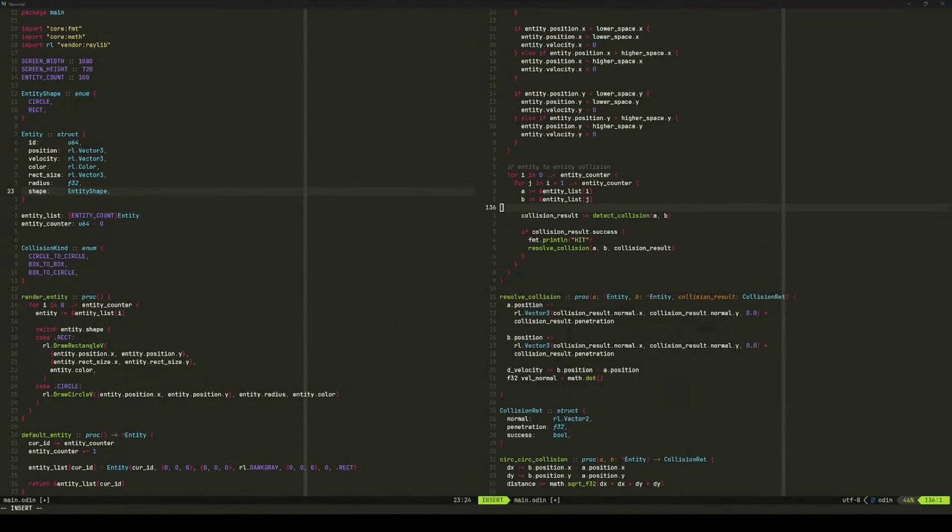Okay. Let's try it out. This is, I believe, the difference velocity, right?